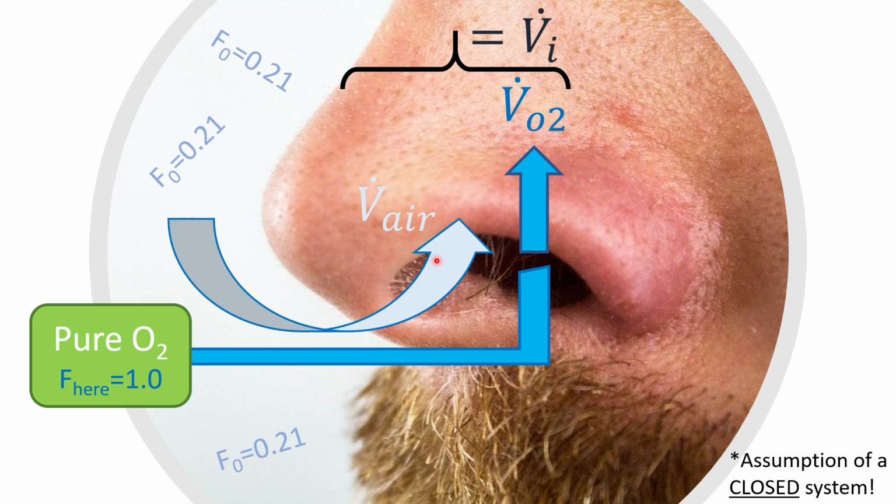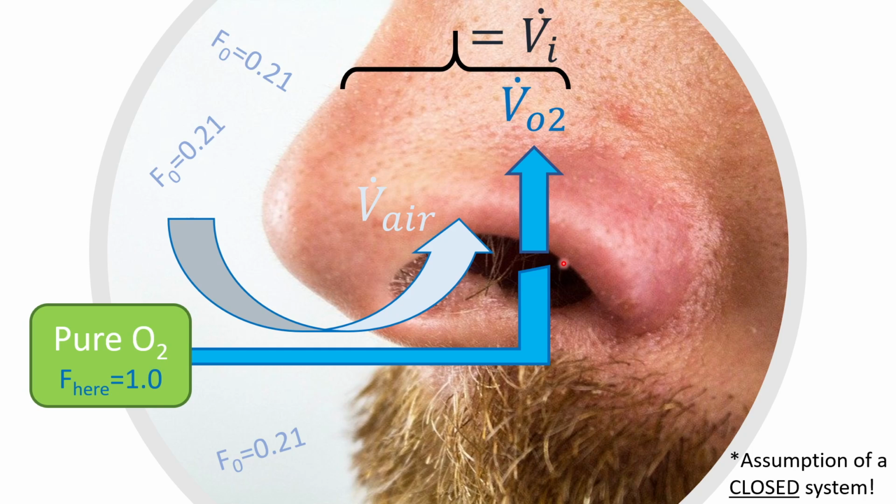So some of the gases going in have a fraction of 1, and others have 0.21. The biggest assumption of this entire model is that it's a closed system, meaning that everything hooked up to the patient while he or she is inspiring is intact.